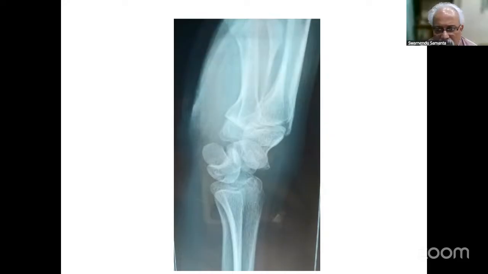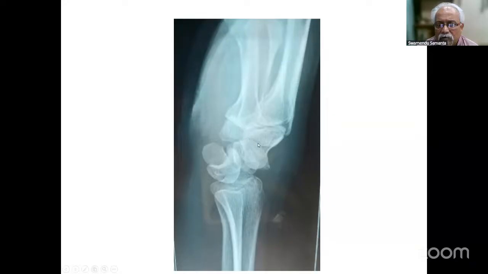This is not because I am showing you only one view. Suppose in a wrist, like the ankle where you write the AP, lateral and mortise, in the wrist injury you write the AP, lateral and the scaphoid view, so that you can understand the carpal injuries. So here, if the way Sir is asking, probably there is a crack also there.